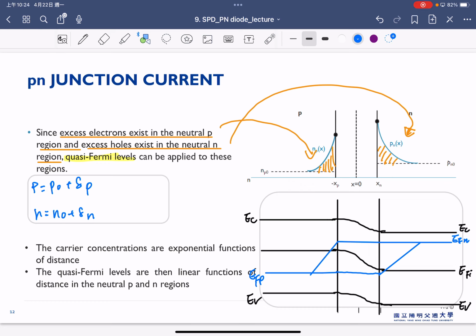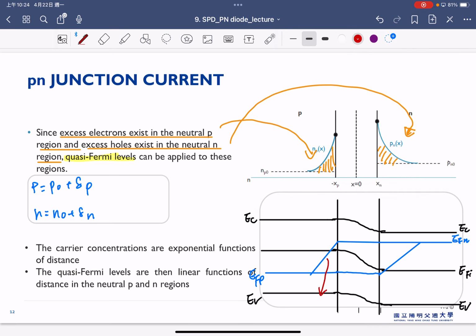Because previously we already derived that there's an exponential decay in the concentration, but in the band diagram, if we want to express the exponential decay, that will be linear.